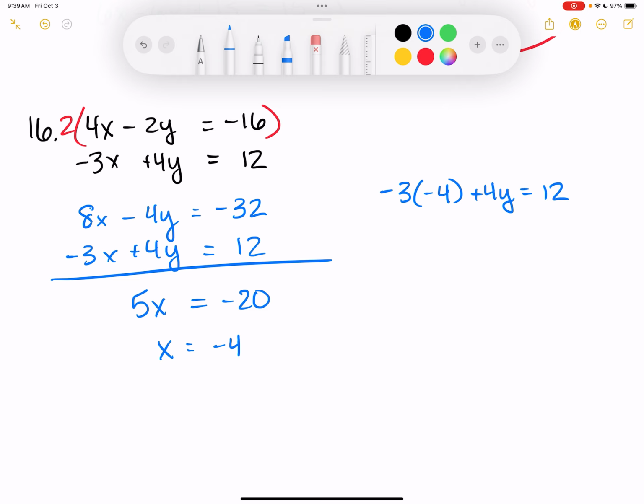So this is +12 plus 4y equals 12. So subtract 12, so I get 4y equals 0. So y equals 0. So now my ordered pair is -4, 0.